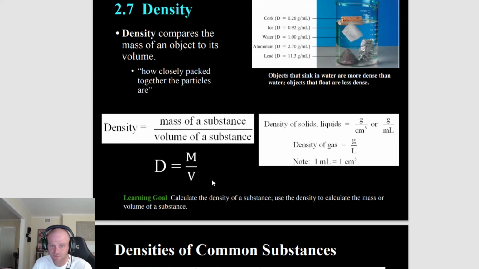Now I want to get into density. And I talked about all of this so that when I say mass per volume, you know to set it up as a fraction. And so that's what density is. Density is a fraction. It is grams per milliliter or grams per cubic centimeter or grams per cc. There's all kinds of different ways that it can be expressed, so it's important that you realize anytime I say per, I'm doing the division symbol, and you can write out whatever they're saying, and then you'll see that it's a mass over a volume.